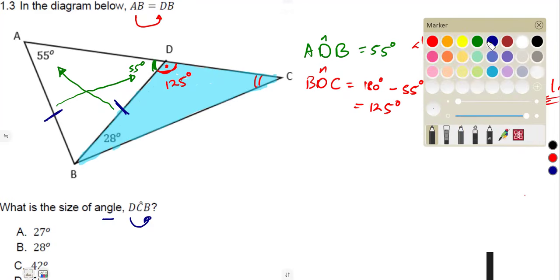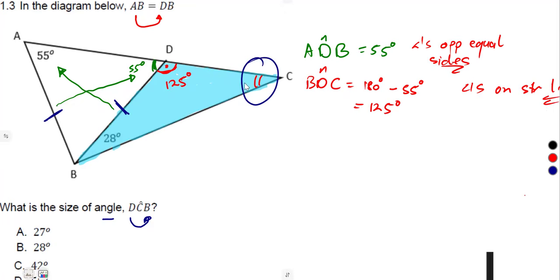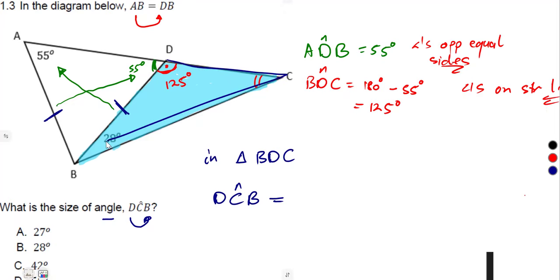Remember, angles in a triangle, guys. So in triangle BDC, we can now determine the angle that we want, which is this angle C, DCB. The angle DCB can be calculated.